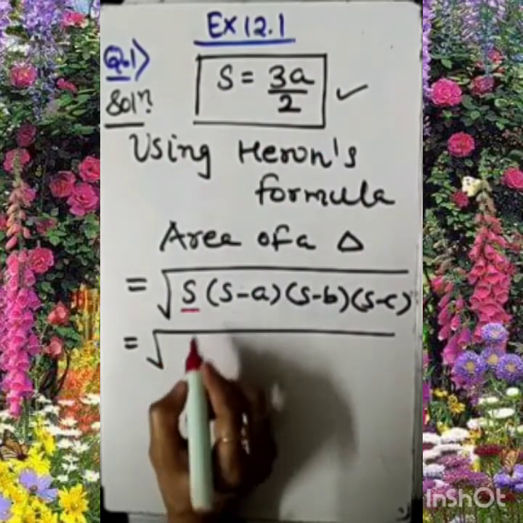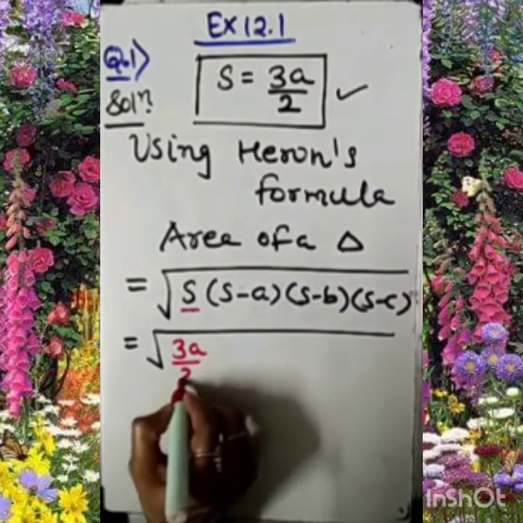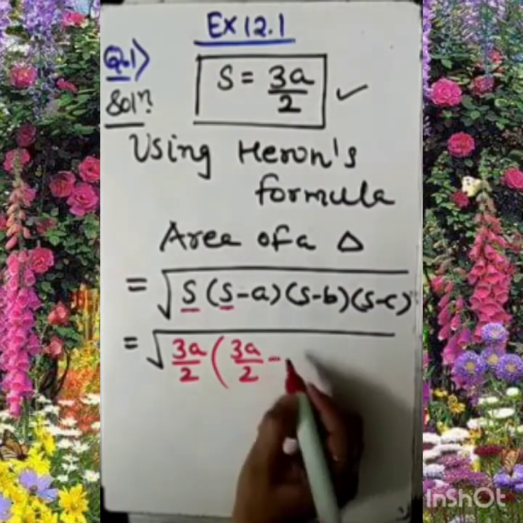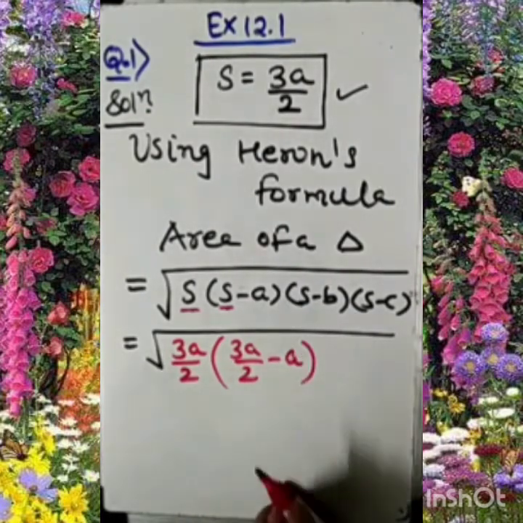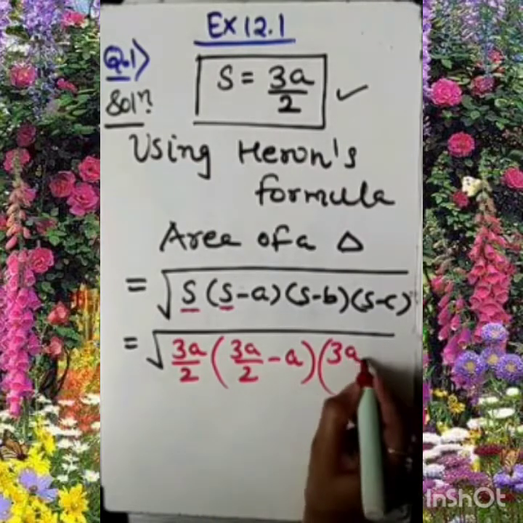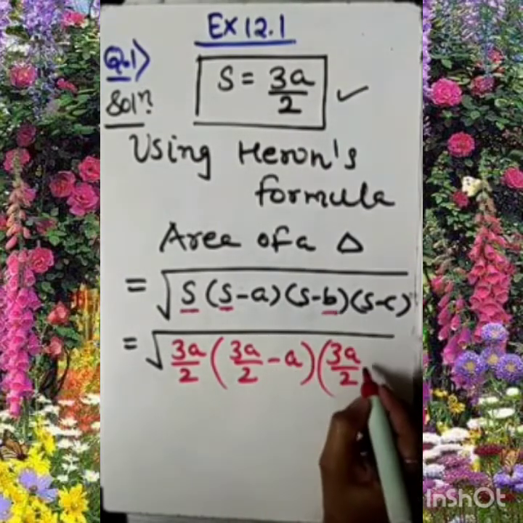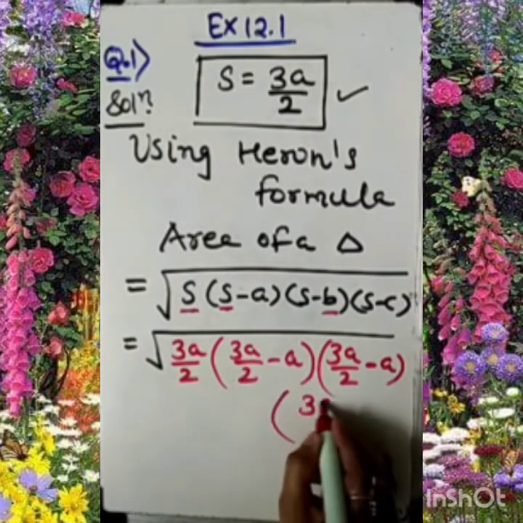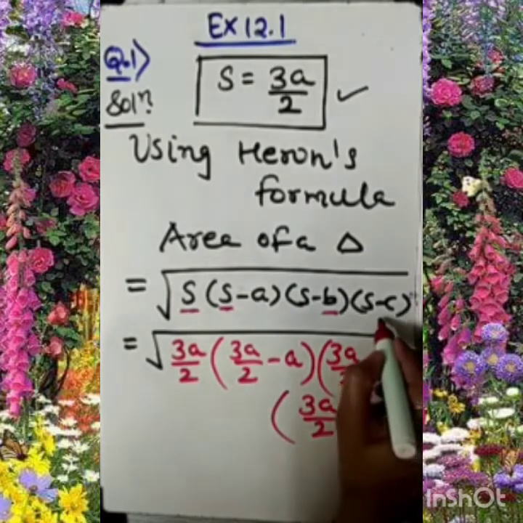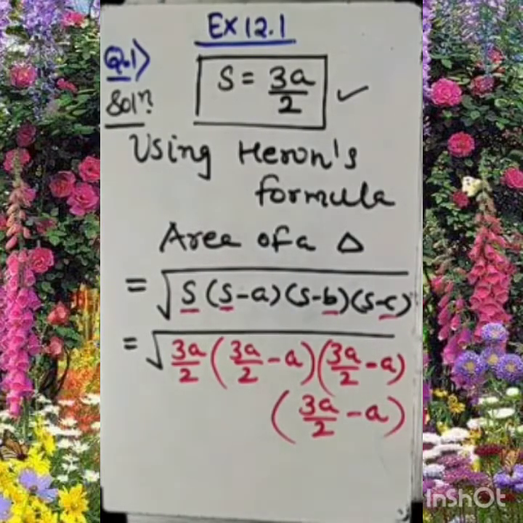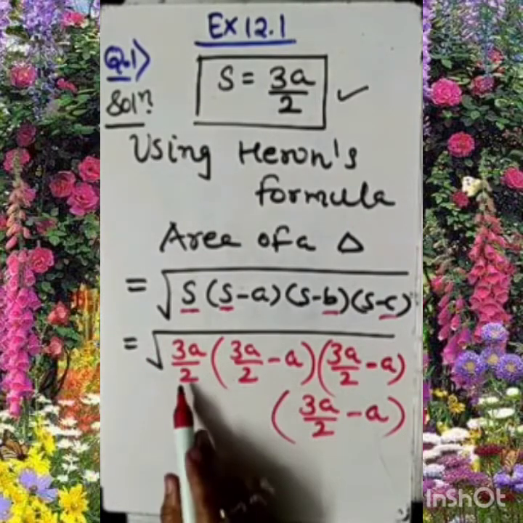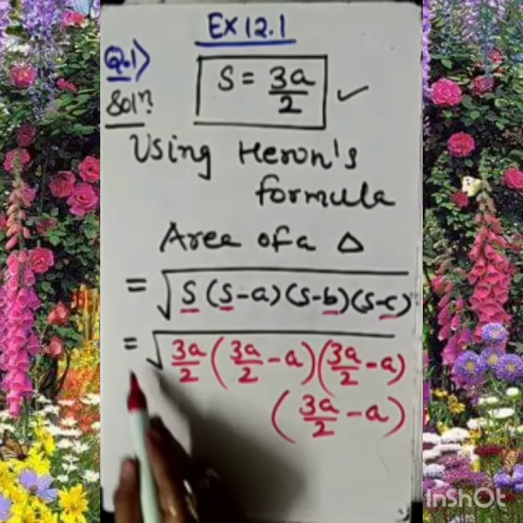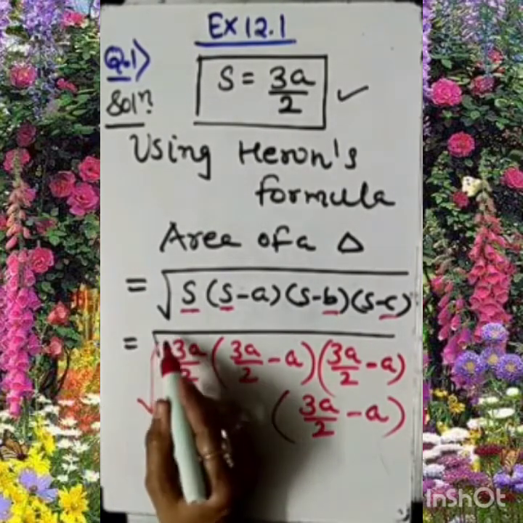In the bracket, again S, 3a divided by 2 minus a, one of the sides. What is b here? b is again a, because another side is also equal for an equilateral triangle. What about c? c is also a. You have to write all of this in a square root.